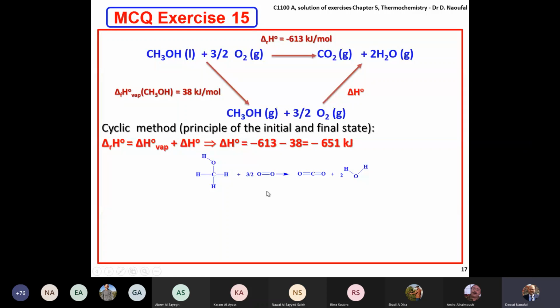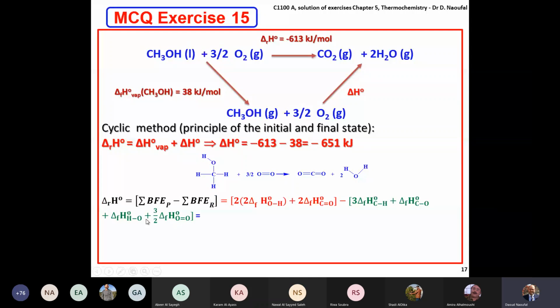Apply the relation of the bond energies of formation on this reaction. I can say delta H0 of the reaction, which is calculated, pay attention, delta R H0 means delta H of this reaction and not the delta H initial. This is the same notation.